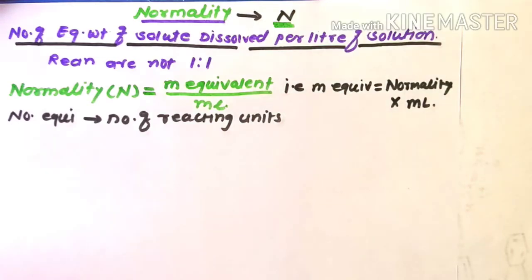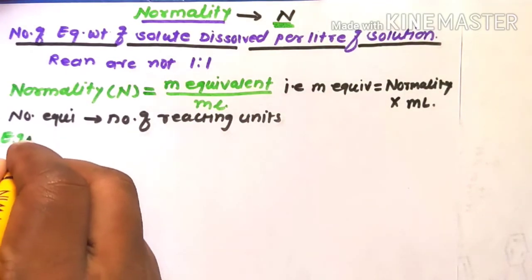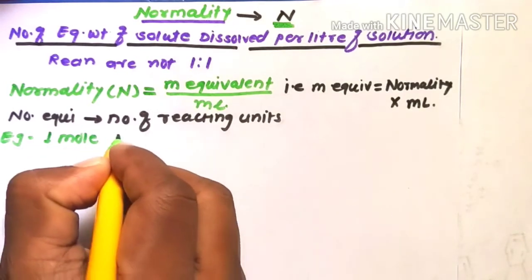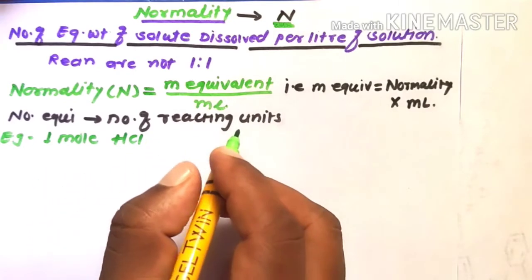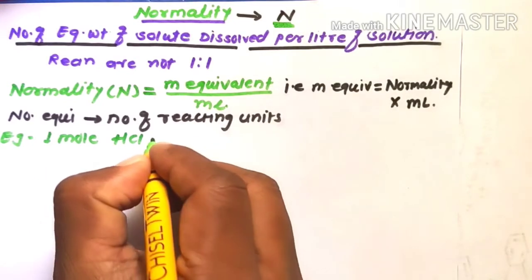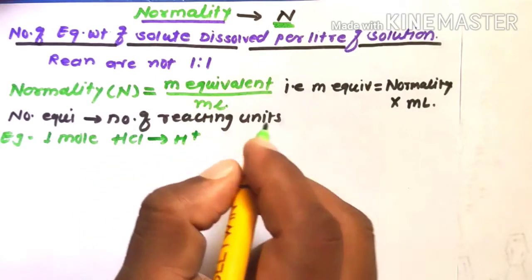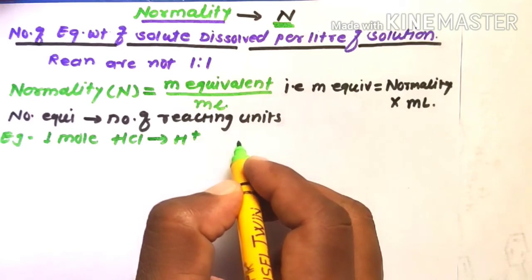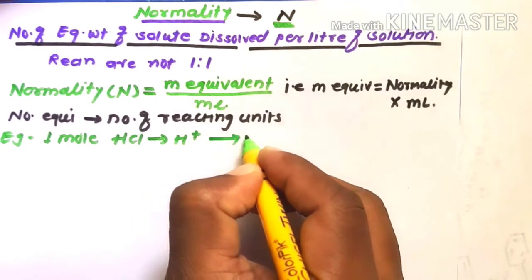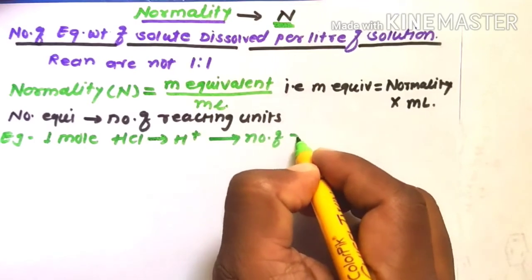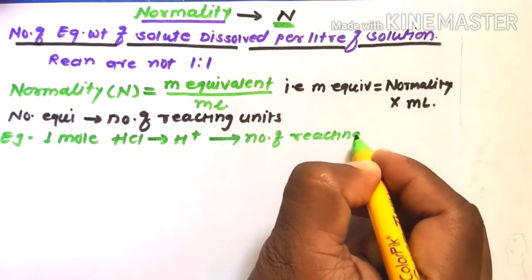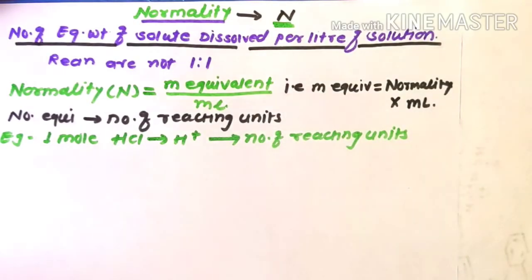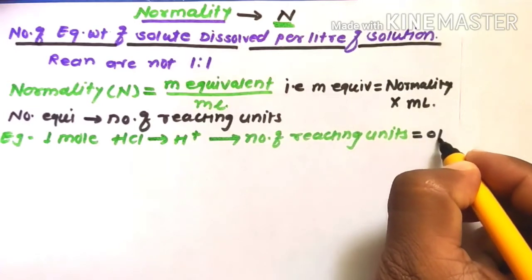For example, in 1 mole of HCl, the H plus ion is present, therefore the number of reacting units is equal to 1.